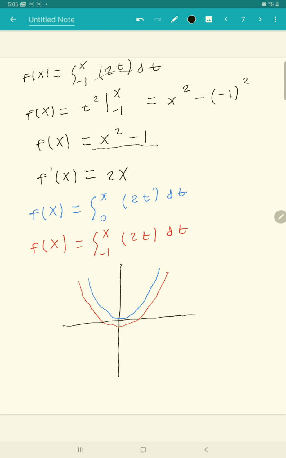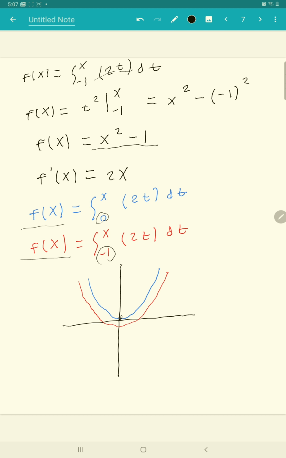So what we can see by the graph of these two integrals is that they are exactly the same, except the blue graph has a lower bound of 0 and the red graph has a lower bound of -1. This represents their original function. So as we can see, there is a translation from the blue graph to the red graph of -1 because of this lower bound.